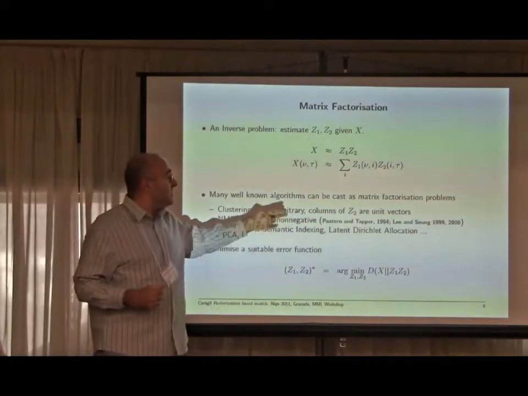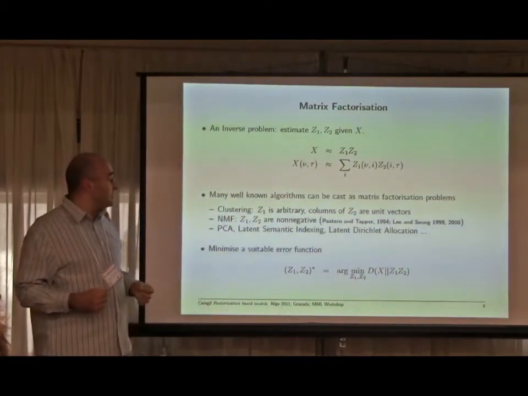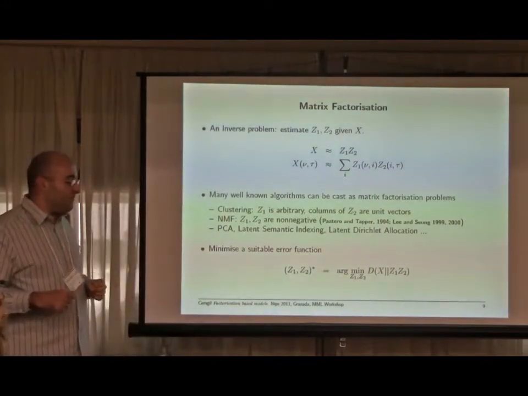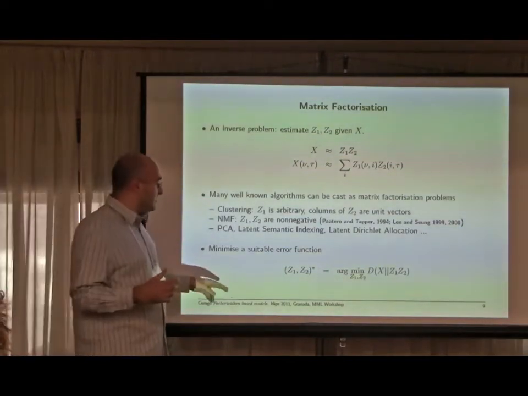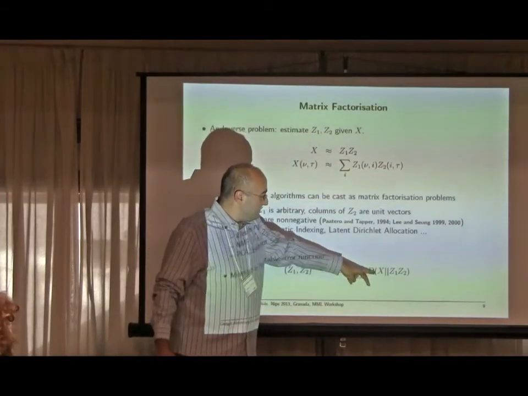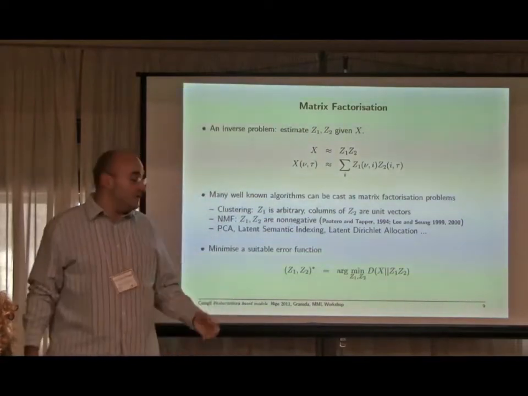For instance, K-means clustering can be derived in this framework, or NMF, non-negative matrix factorization, or PCA, latent semantic indexing, latent Dirichlet allocation, with some variations, can always be cast in this framework. So the computational problem here, in a general sense, is to minimize a divergence metric between the observed data and the product of Z1 and Z2.